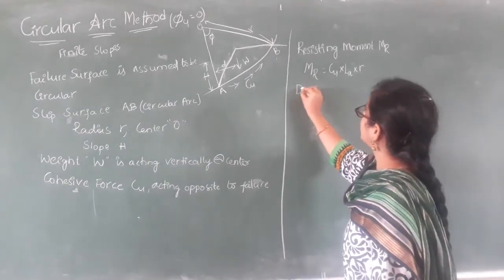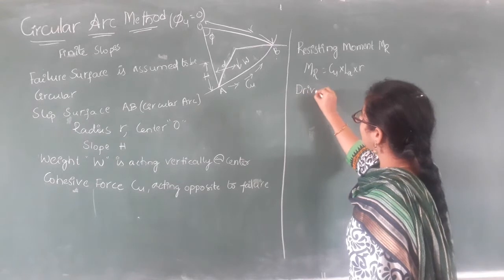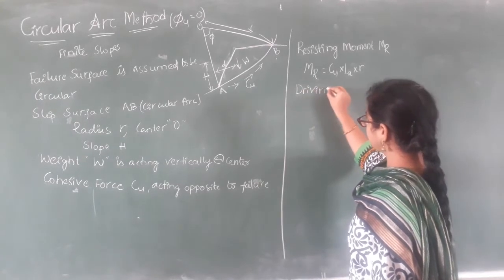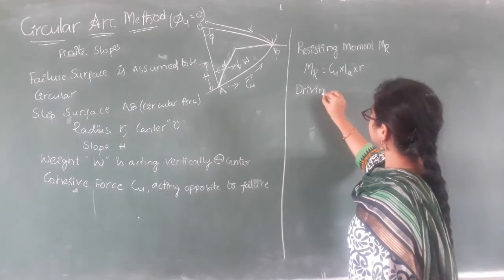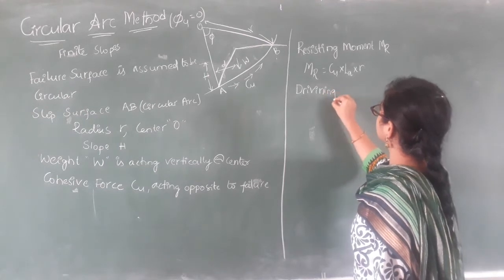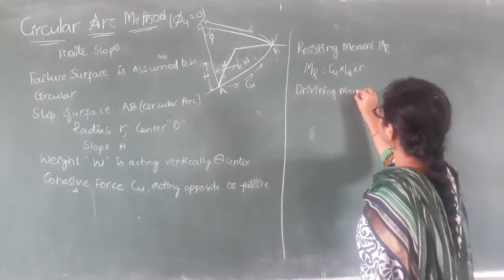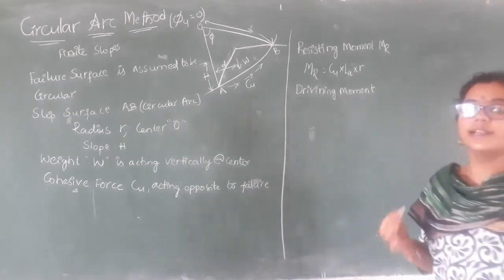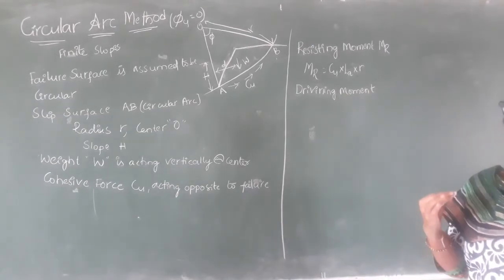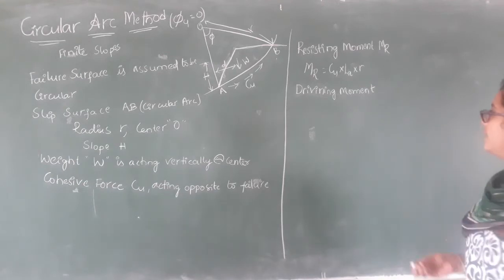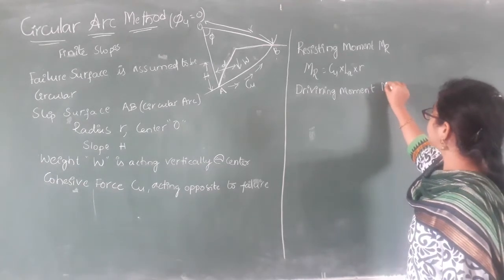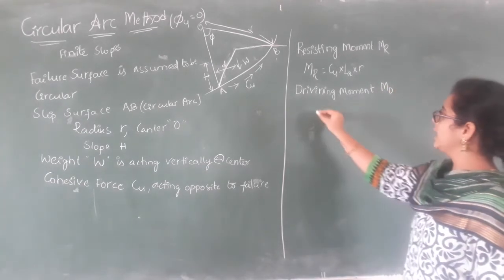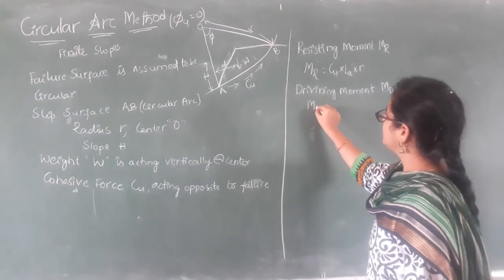Next one, the driving moment. This is the moment which is generated due to the driving forces, or the forces which are causing the failure. The driving moment is represented with the letter MD, and MD is equal to what?